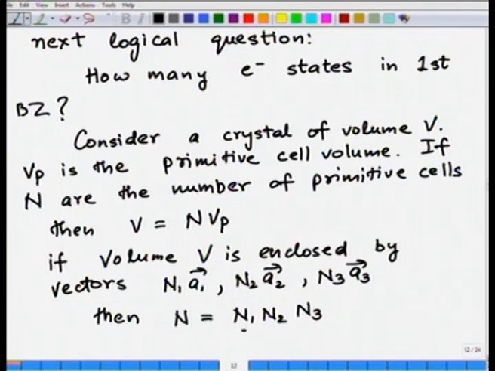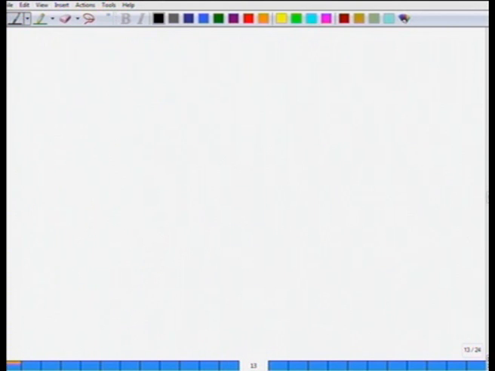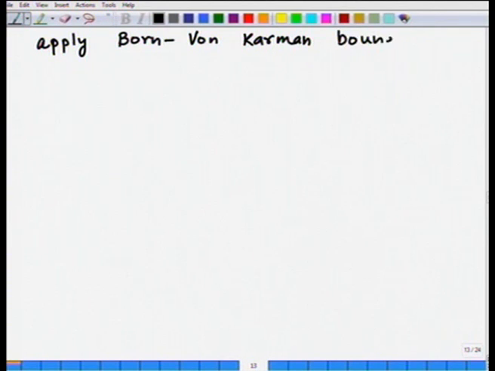So, the whole extent of the volume is determined by the multiples of a1, a2, a3, which are n1, n2 and n3. Now, remember, we apply again our good old Born-von Kármán boundary condition, which you will recall from free electron theory.